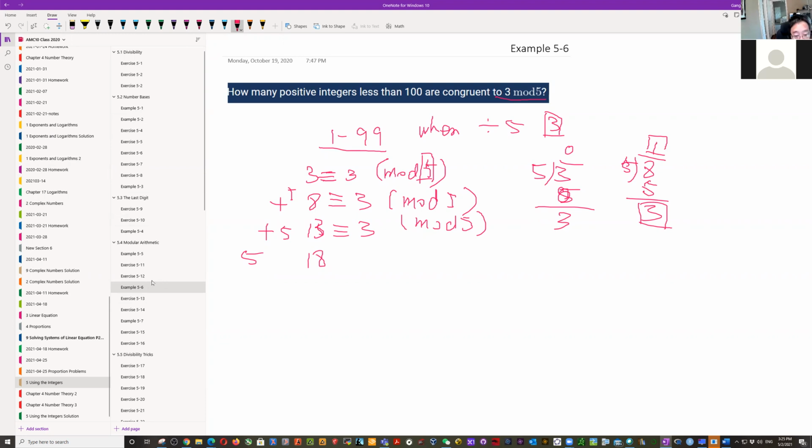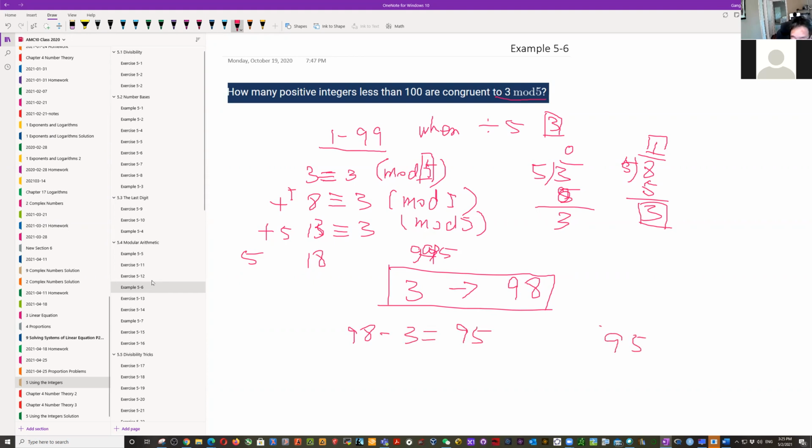And what is the last one? Obviously, it's going to be 98. So you go from 3 to 98. Then the problem turns into: from 3 to 98, how many numbers do you have if the gap is 5? 98 minus 3 equals 95, and 95 divided by 5 equals 19.